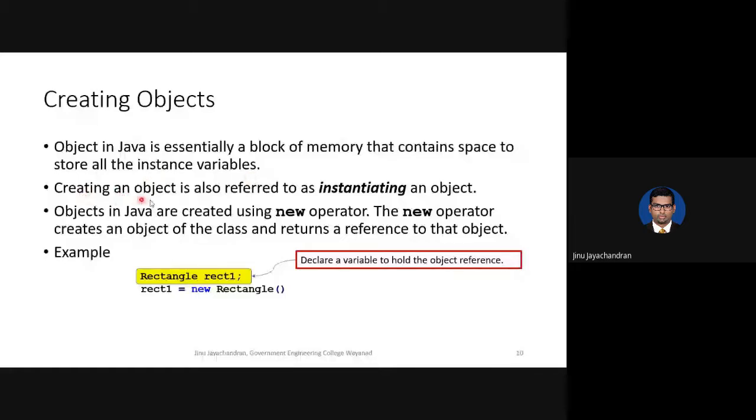Creating an object is also referred to as instantiating an object. This is called object instantiation. Objects in Java are created using the new operator. The new operator creates an object of the class and returns a reference to that object. For example, in C++ we just did Rectangle, which is the class name, space, the object, which is rect1.